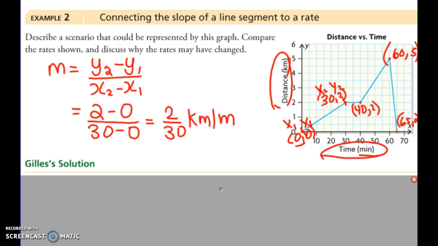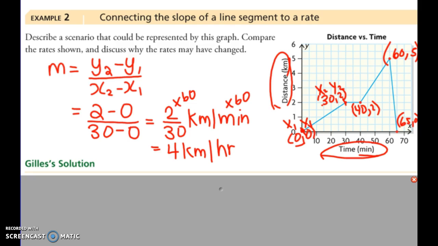Usually we don't talk kilometers per minute, usually we're talking kilometers per hour. So how many minutes is in an hour? There's 60. So 60 minutes will change this to an hour. If we times by 60 here, we end up with 4 kilometers per hour. So at whatever situation this was, this person was traveling at 4 kilometers per hour.